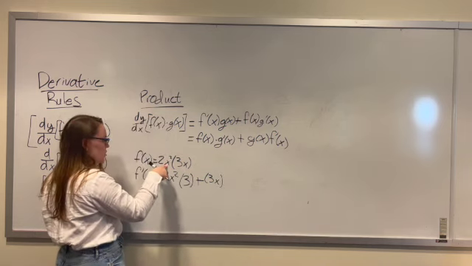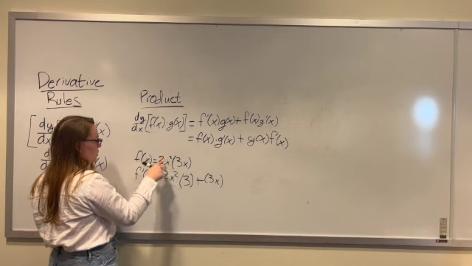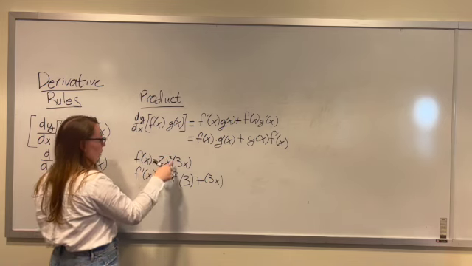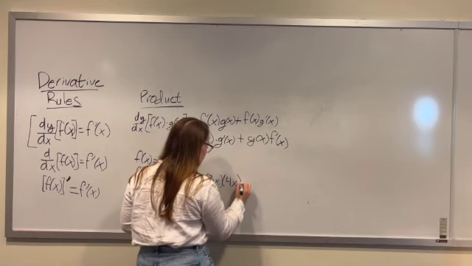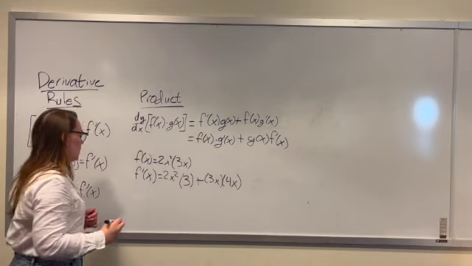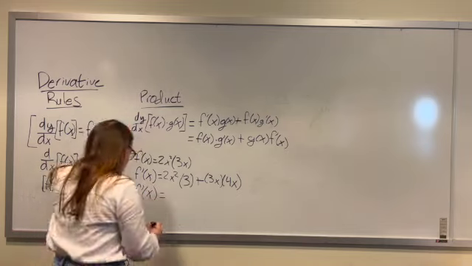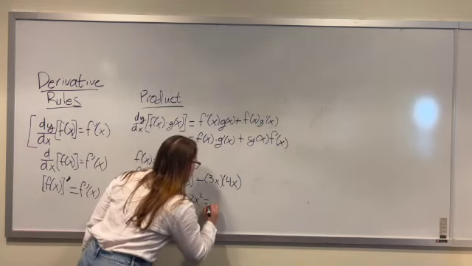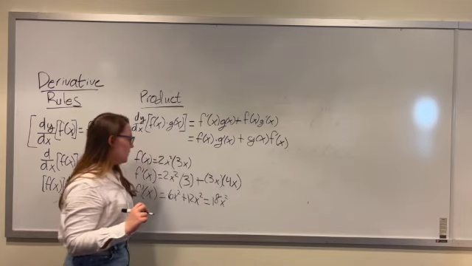d first, which would be, using the power rule, 2 times 2, 4x to the 1, 4x, and then we can just expand this all out, which is equal to 18x squared.